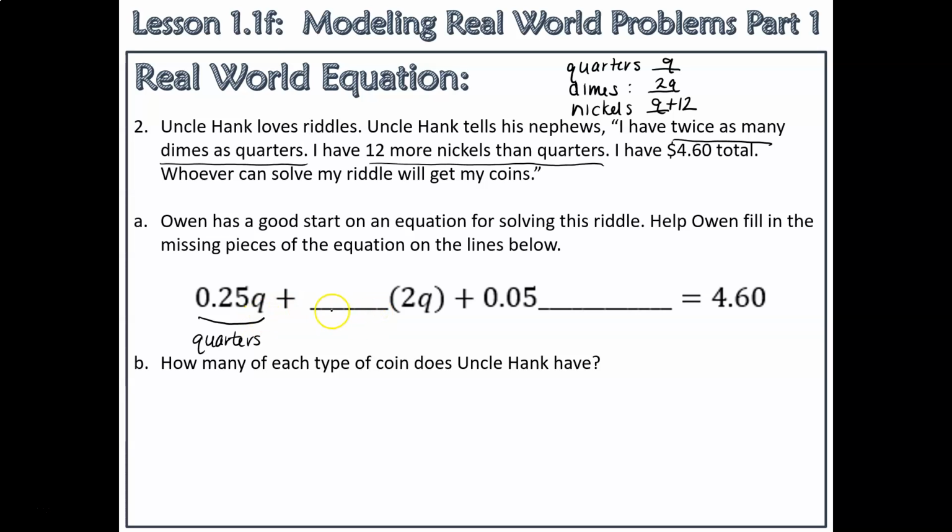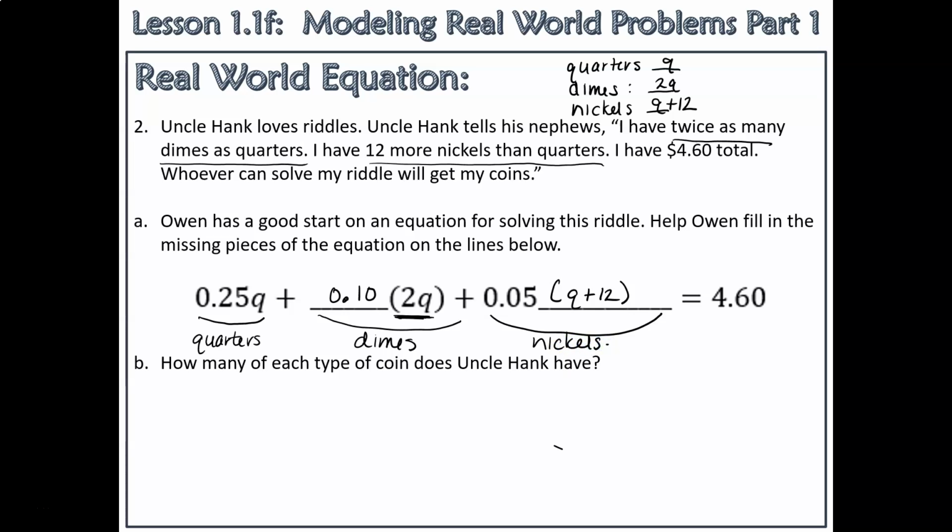So our next section here is dimes, because he has twice as many dimes as quarters, and we know the value of a dime is 10 cents. So this piece of the expression is dimes, and this last part, 5 cents, is what nickels are worth, and we have 12 more of those than quarters. So this whole thing represents nickels.